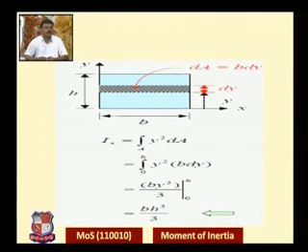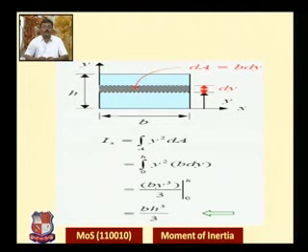Now we want to find the MI of the whole rectangular section on its base, so we need to integrate this from 0 to h. As you can read in the second step of the derivation, I have put the limits of integration from 0 to h, y square, and substituted the value of dA, that is b dy, and on simplification we obtain the moment of inertia of the rectangular section on its base as b h cube by 3.